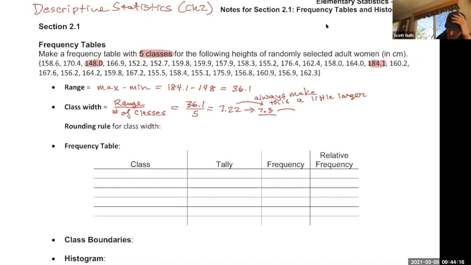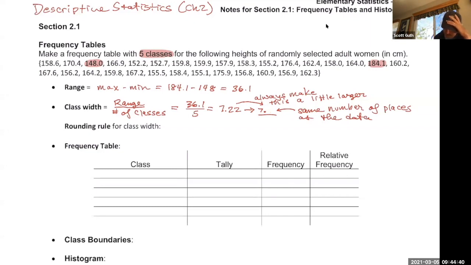So I'll make a note for that too. Right, our data have one place after the decimal, so this class width should also have one place after the decimal.